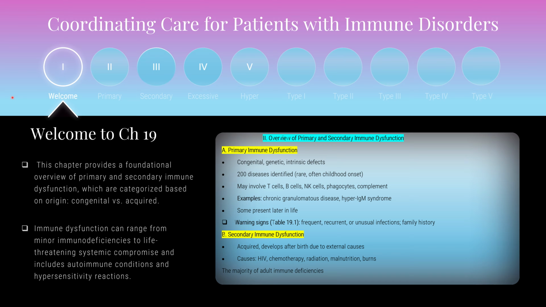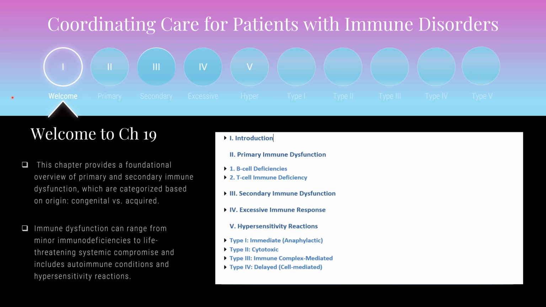You see, there are about 200 diseases identified, rare, often with childhood onset, and may involve T cells, B cells, and NK cells. The secondary has causes such as HIV.